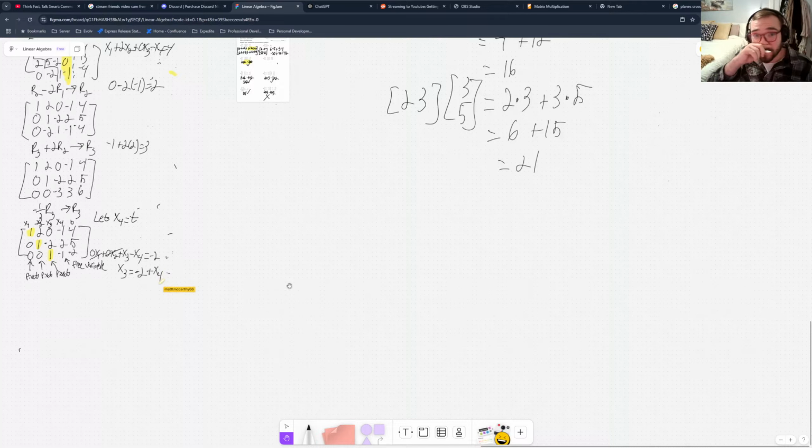But we don't know what x4 is, and we'll never know what x4 is because x4 could be any value, right? So we said x4 was just going to be t. And so x3 is equal to negative 2 plus t. And that's the solution for x3.